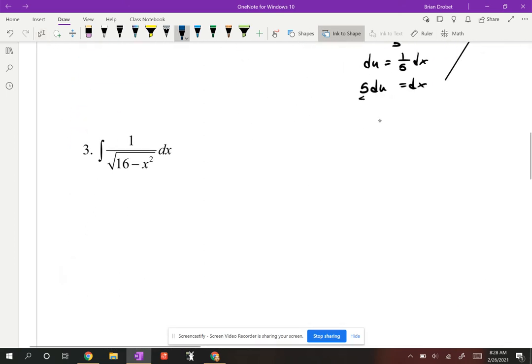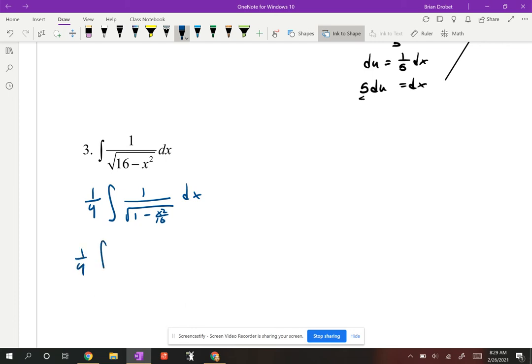So I'm going to pull out, now a little bit different because when you pull a 16 out of a square root, it really comes out as a 4. Right, so I'm dividing out a 16, but the square root of 16 comes out of the integral as a 4. So this is going to be 1 over the square root of 1 minus x squared over 16 dx.